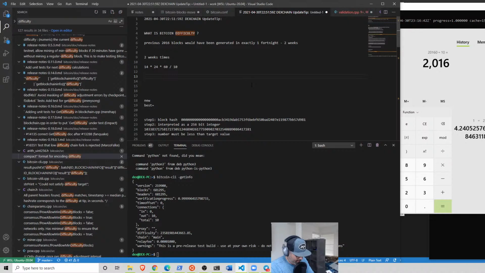Okay, I think I'm starting to get it. We add up all those numbers, and we have a target, right? If a target is 100 and we came in at 99, that's a good block. But if we came in at 50, we're saying that we did 50 more times work than if we came in at 99.